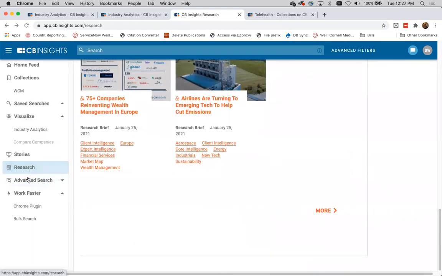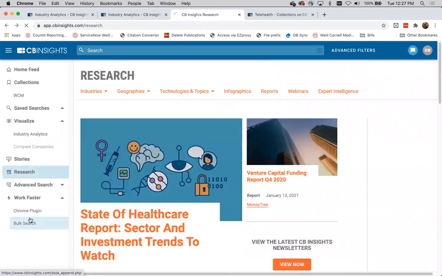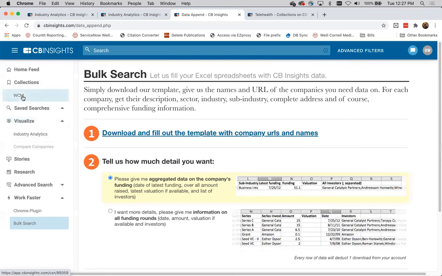The only other thing I'll point out is this bulk search option. So if the data that you were getting from the collections dossier was not quite what you wanted, and you want more information, they allow a bulk search option, which basically you download a template, you fill out one of the fields with the CB Insights URL, and then you re-upload it, and then it populates all of that data and spits it back out to you.